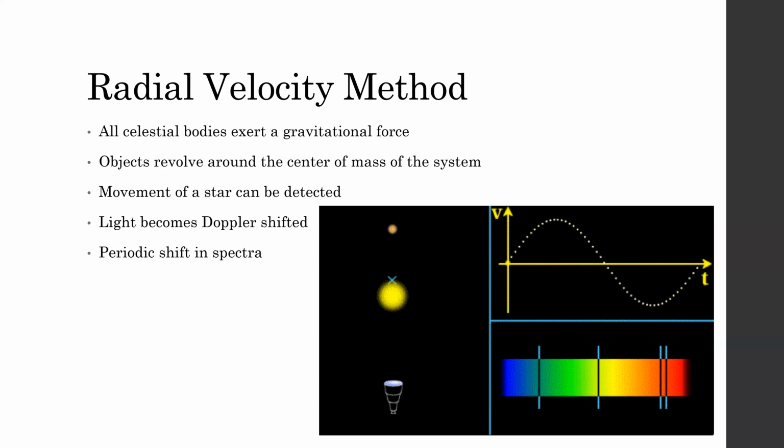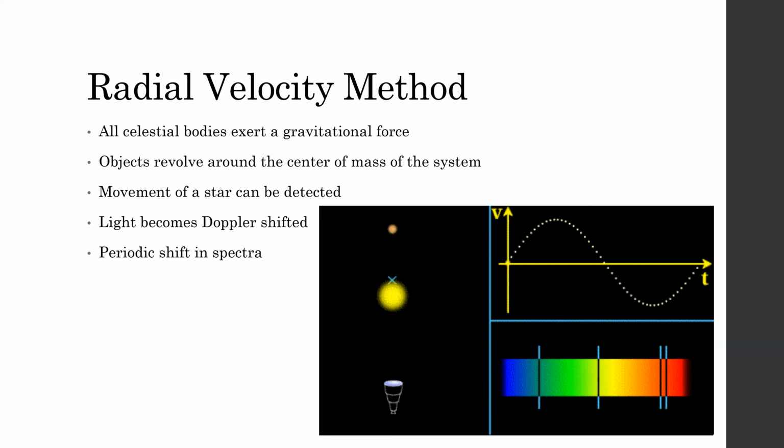Well, we look at the spectra of that star, and if it's moving back and forth with respect to us, the light becomes Doppler shifted. What this means is that when a star is moving towards us, the light becomes what we call blueshifted, because the wavelengths get shortened towards the blue end of the spectra.